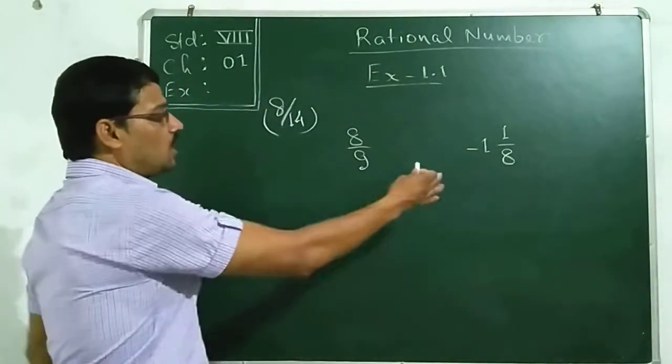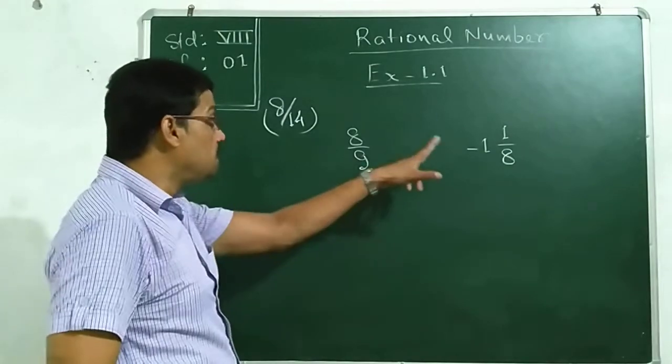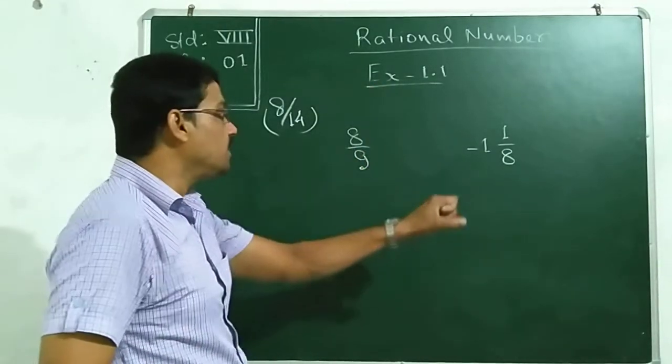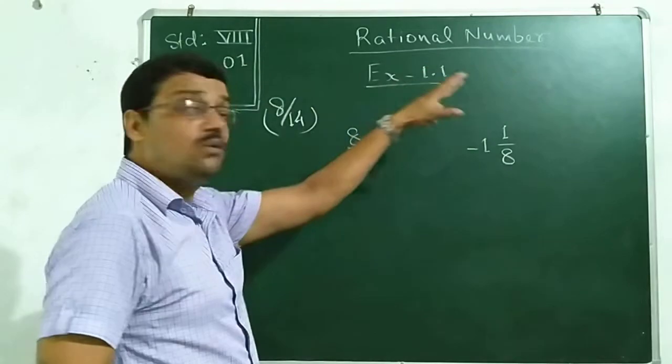We need to find out whether the multiplicative inverse of 8 by 9 is equal to minus 1 whole 1 by 8.